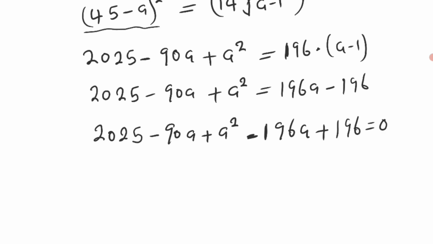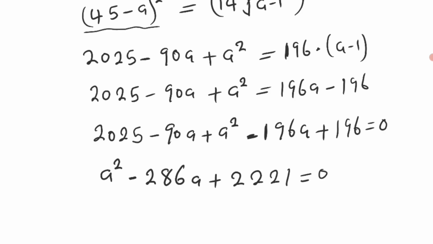Now this is a square minus 90a minus 196a, that is 286a, plus this is 2025 plus 196, that will be 2221, is equal to 0.